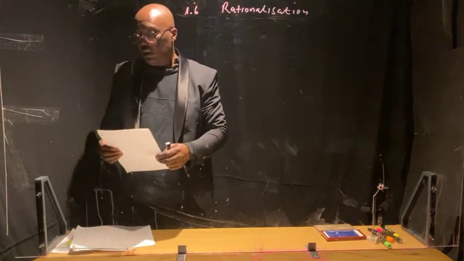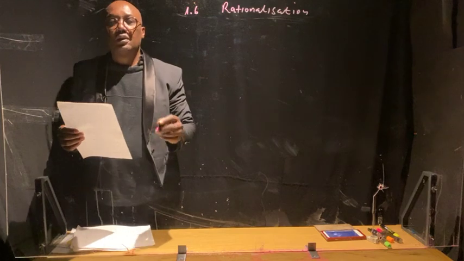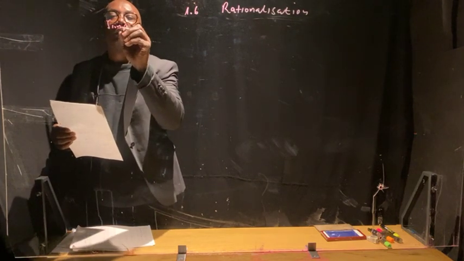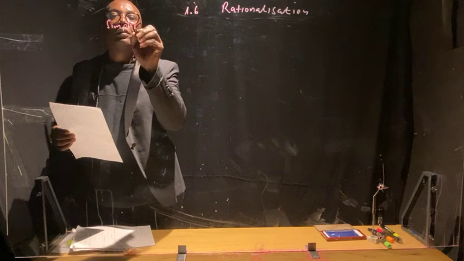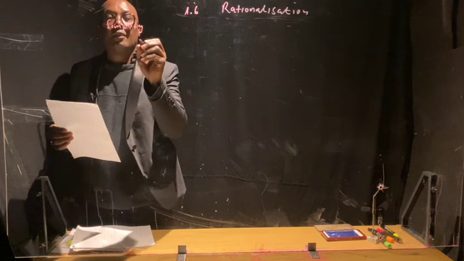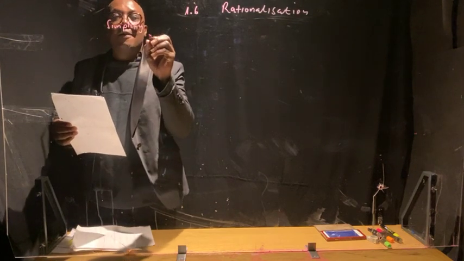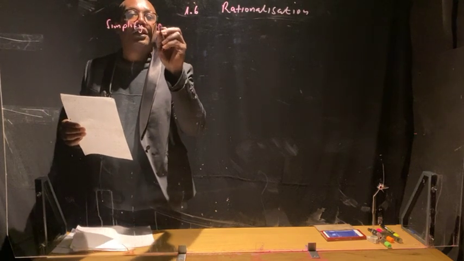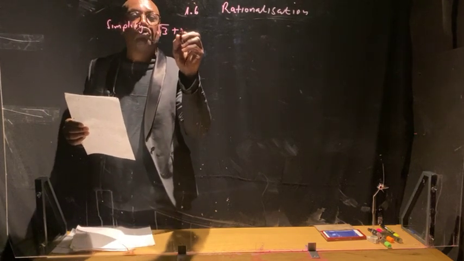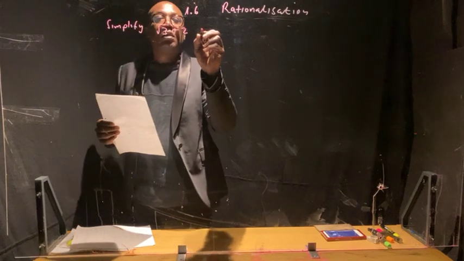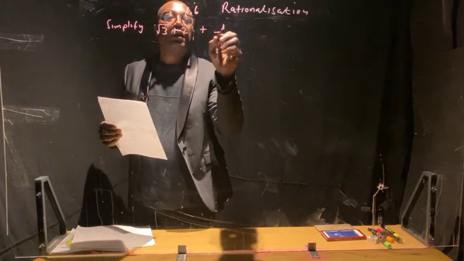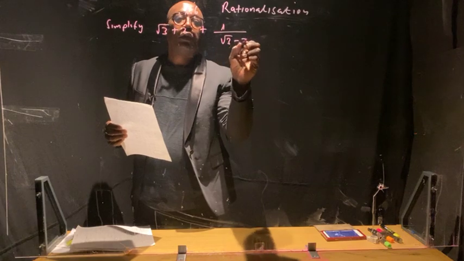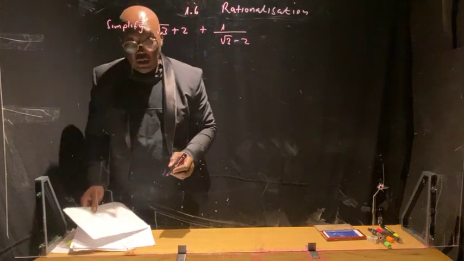The next question, it says that simplify root 3 plus 2 plus 1 over root 3 minus 2.